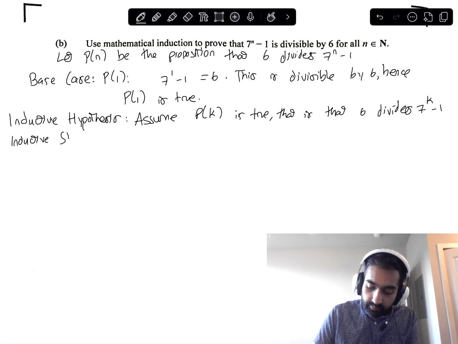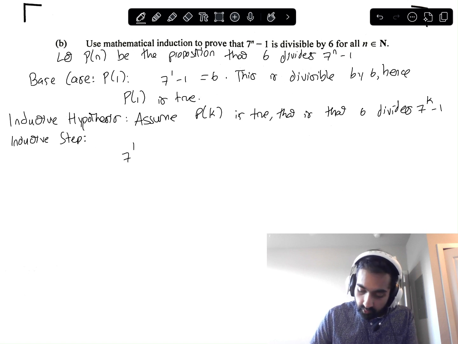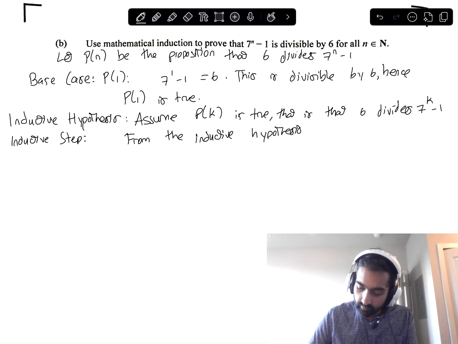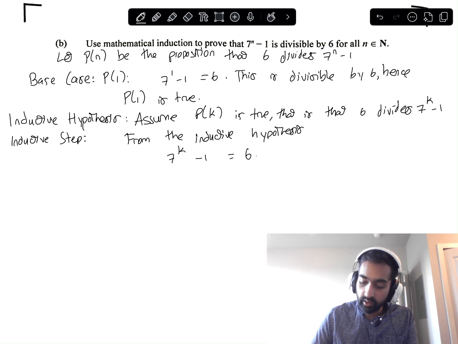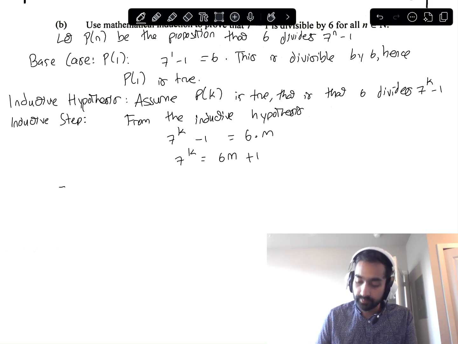The inductive step is I'm looking at 7 to the k plus 1 minus 1. So from the inductive hypothesis, we can write 7 to the k minus 1 is equal to 6 times m, right? So that means that 7 to the k is equal to 6 times m plus 1.